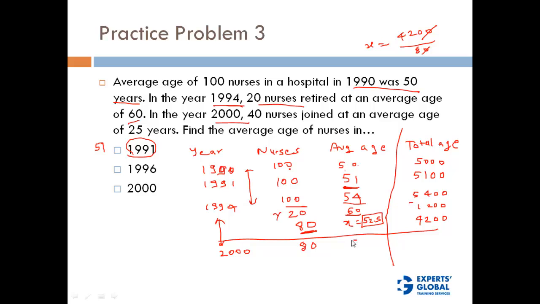So now the average age has gone up by 6 years to 58.5. The total sum of ages is going to be 80 into 58.5, which is basically 585 into 8, so that comes out to be 4680.